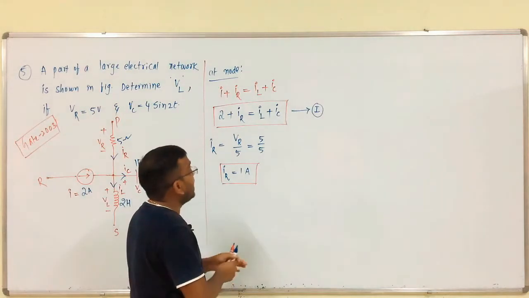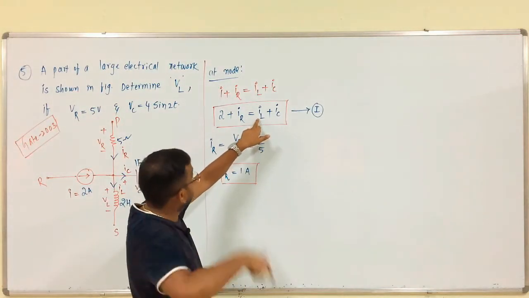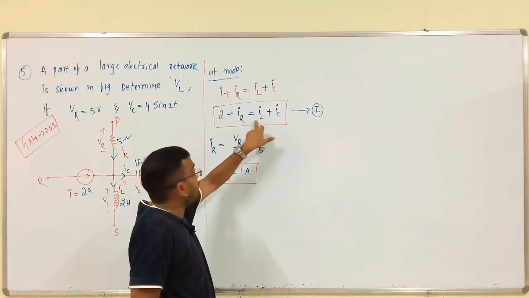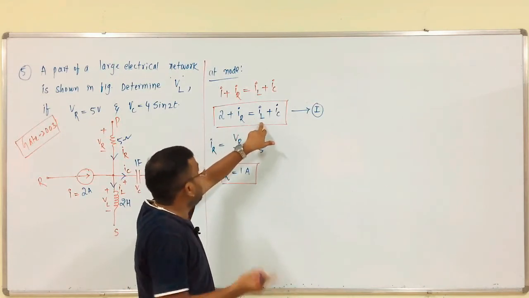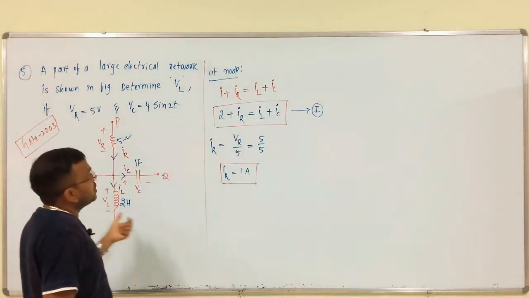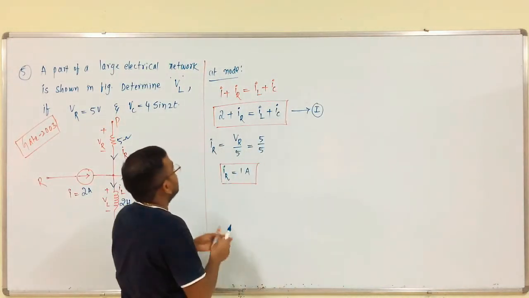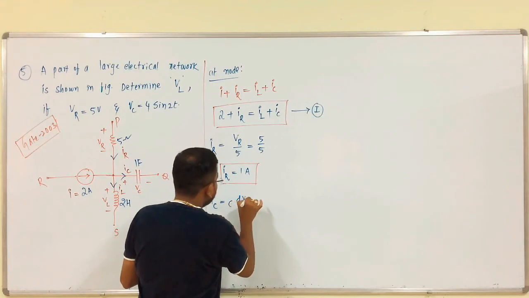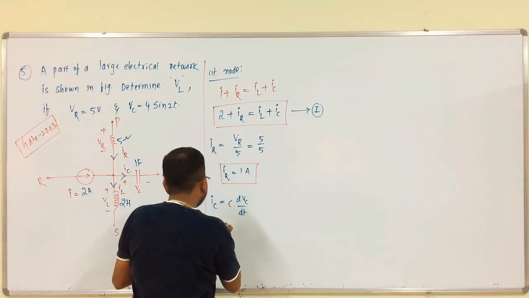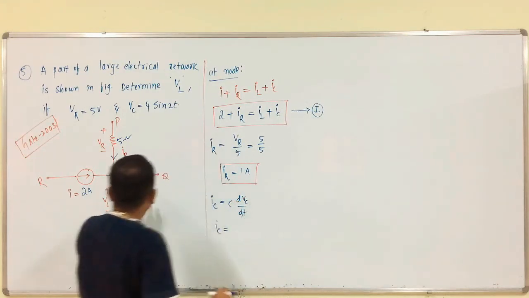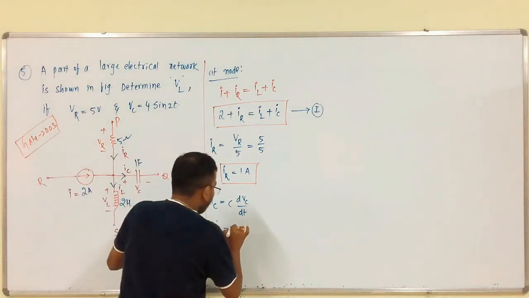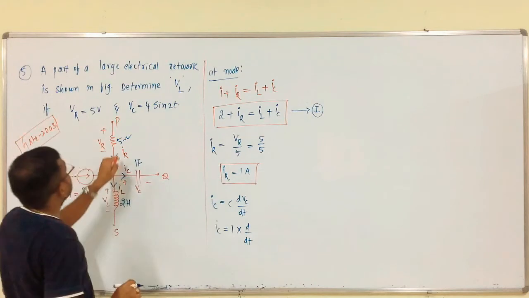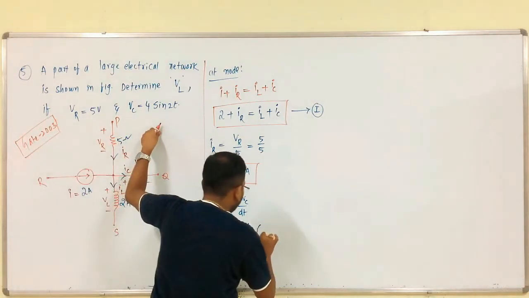Next we have to calculate IL, but in order to calculate VL we need IL. So, first we have to calculate IC. IC equals C into dVc by dt. What is the value of C? Given as 1 farad. 1 into d by dt of Vc, which is given as 4 sin 2t.